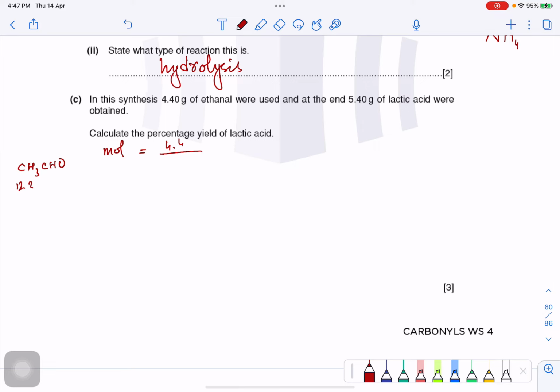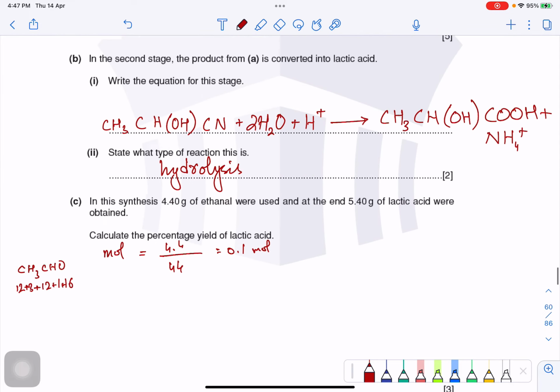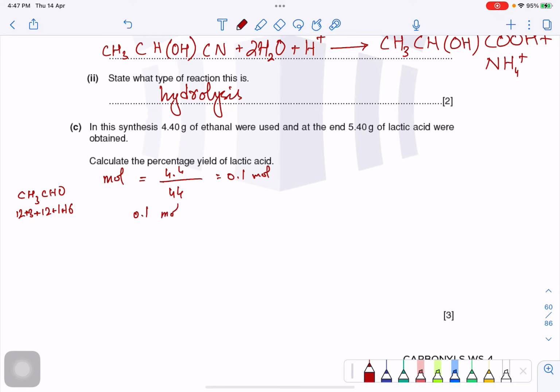That is 12, 3, 12, 1, 16. Add them all up. So that is 44. So 0.1 moles is what I have. And the mole ratio? I can see this is 1 to 1, so I should get lactic acid 0.1 mole as well. So 0.1 mole is what I need.